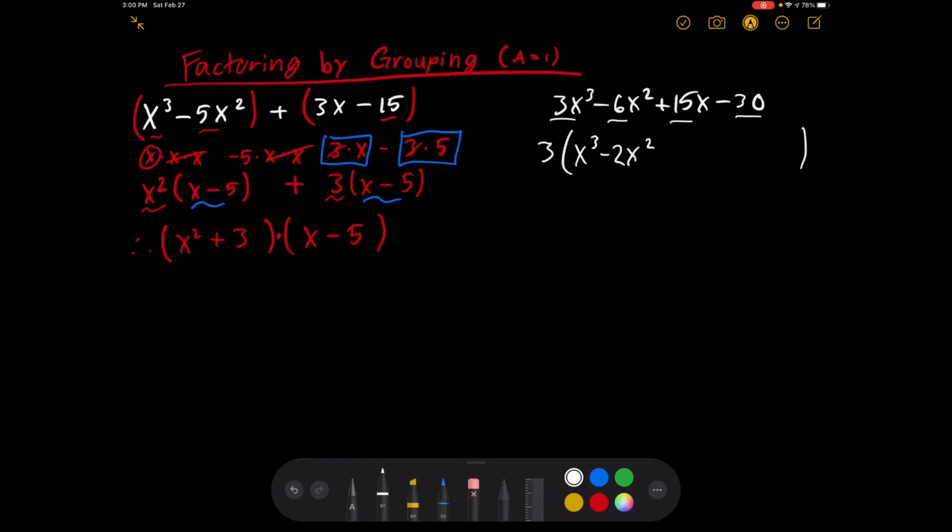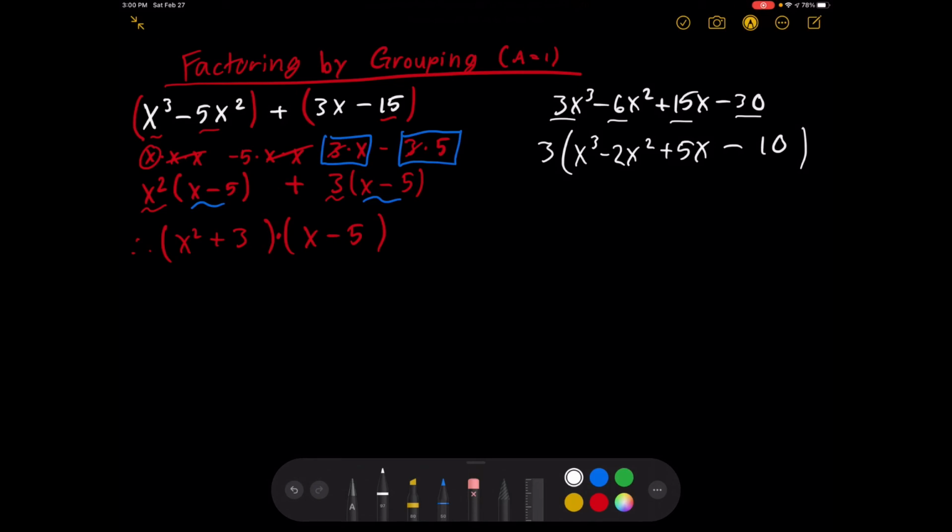So when you take the 3 out of the 6, you're just doing 6 divided by 3, which is 2. And then for the 15x, taking a 3 out of 15, you're going to get 5x. And when you take the 3 out of the 30, it's just 30 divided by 3, which is 10. So basically we just took out that 3 to make it easier on us.